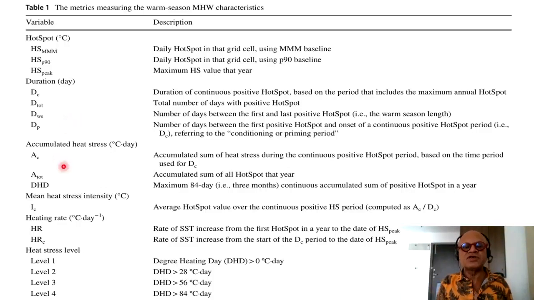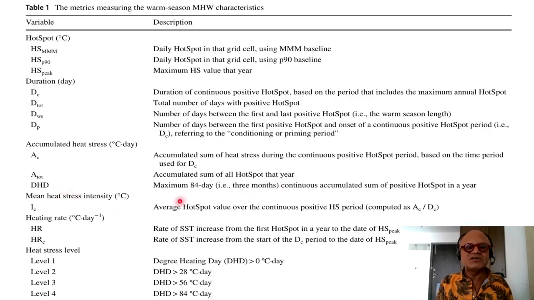In the ocean, of course, the difference is the ecological systems also care about accumulation of heat. So accumulated heat stress in degree C days is defined. AC is the accumulated sum of heat stress during the continuous positive HS days based on the time period used for DC. We'll see the graph again in a minute. A total is the accumulated sum of all hotspots that year.